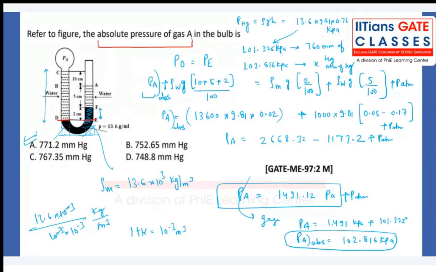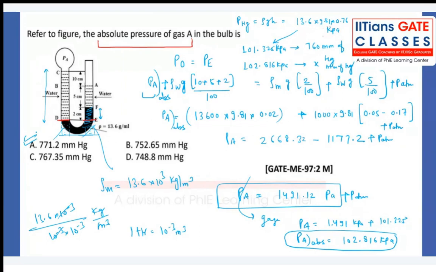Check it out. Cross multiply. Correct, 771.2 will be the approximate answer for absolute pressure.